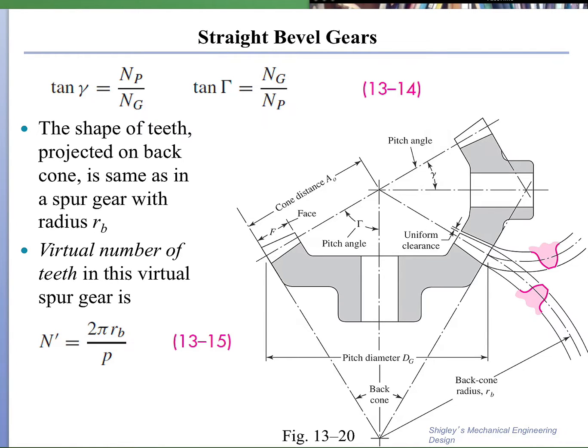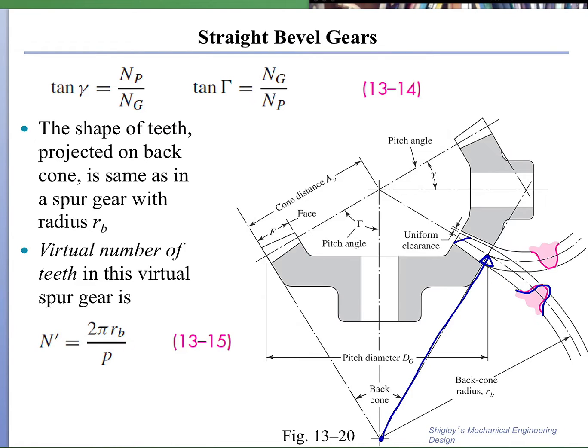So if we take it from this point, and to the location, the pitch circle on the tooth of the driven gear. This is the involute profile that goes with it.